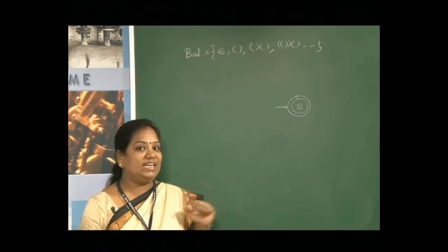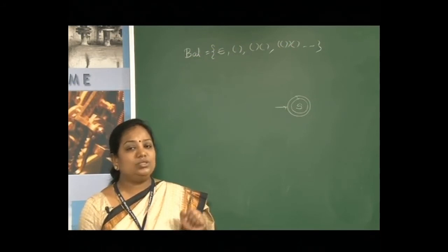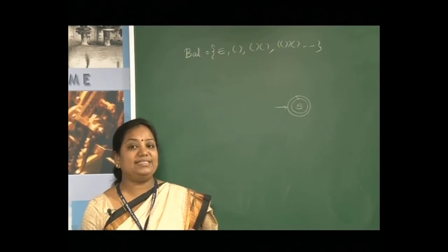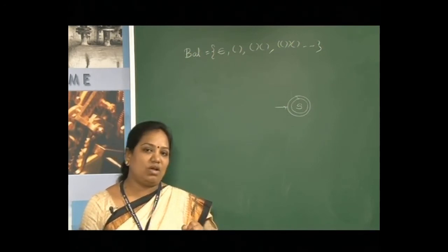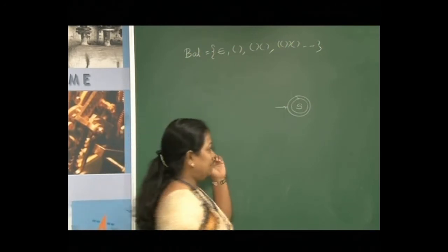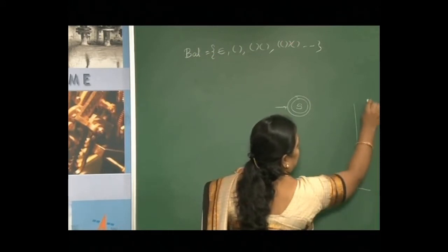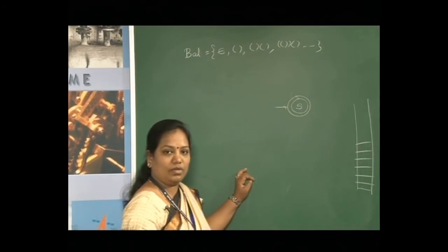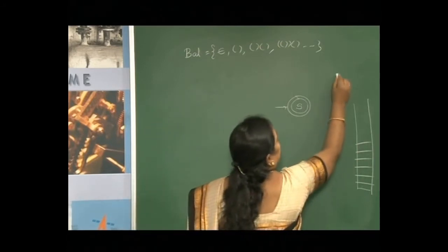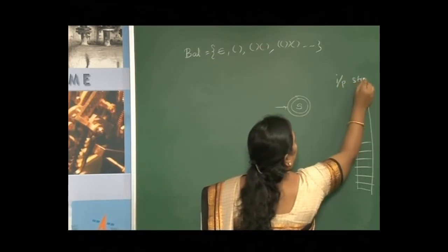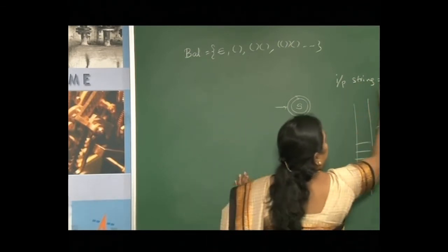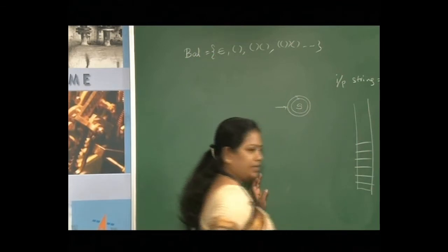Now, I have to design a PDA for this. How to design a PDA that accepts balanced parentheses? What can be the logic for this? Say the input string is an opening parenthesis, a nested parenthesis and a sequential parenthesis.